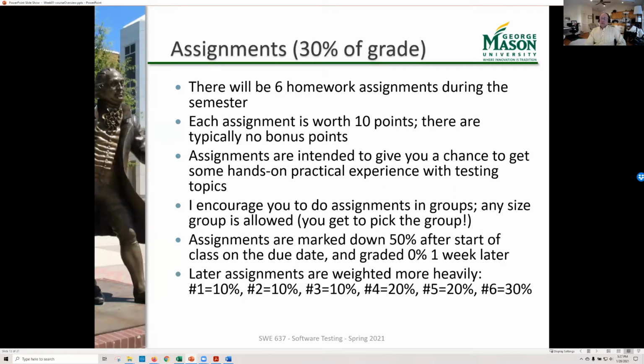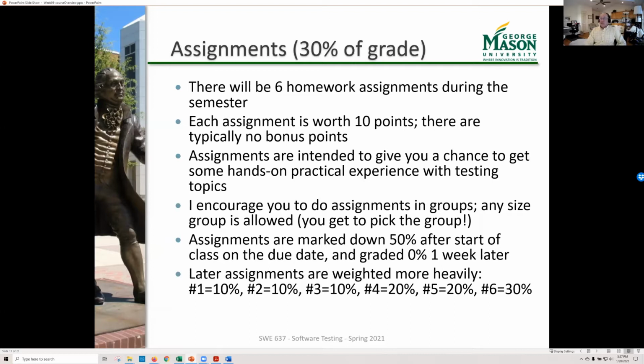You can do assignments in groups, groups of any size. From experience, 2 to 4 seems to be the best size. When there have been groups of more than 4 people, it tends to devolve into no one knowing what anybody else is doing, and the assignment ends up incomplete because everybody thought somebody else was doing something.